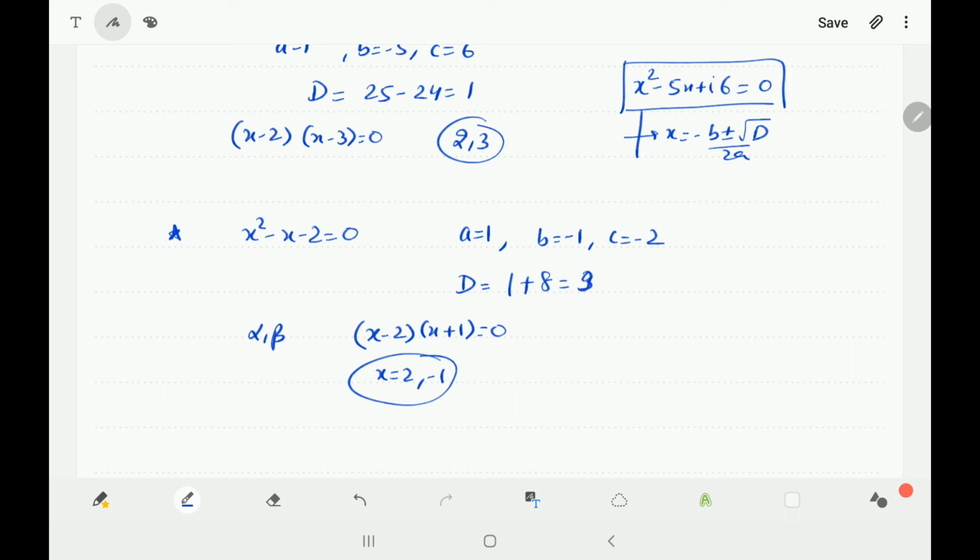There is quite a possibility that the roots will be complex also if the coefficients are complex numbers, and they need not be complex conjugates, because only if the coefficients are real and d is negative will they be complex conjugates. So for any kind of quadratic equation, whether the coefficients are real or complex, you can directly use the formula minus b plus minus root d by 2a.